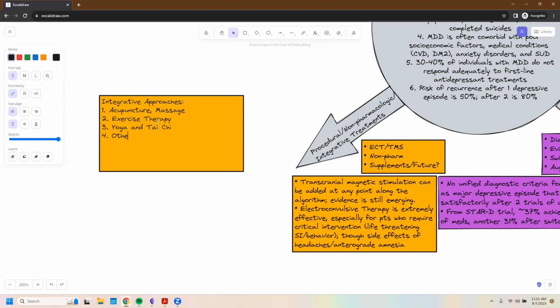There are other therapy modalities. That's mindfulness-based therapy, interpersonal, family and couple therapy, supportive therapy, and music therapy.